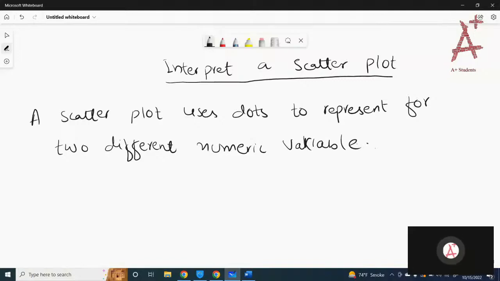So the scatter plot looks like this. Here you have x and here you have y. These are the different points on the scatter plot. Got it?